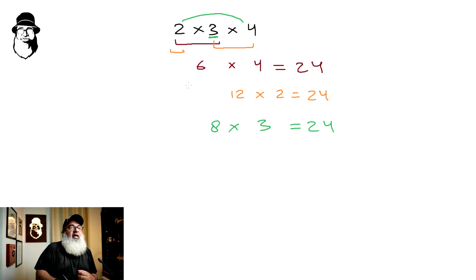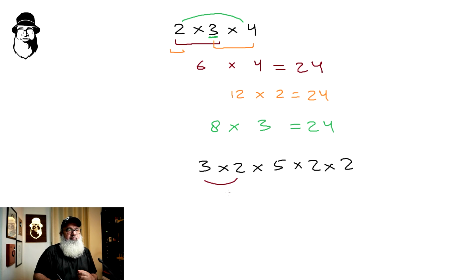Okay, let's say we have these 5 numbers, 3 times 2 times 5 times 2 times 2. So 3 times 2 is 6. Then 6 times this 5 is 30.